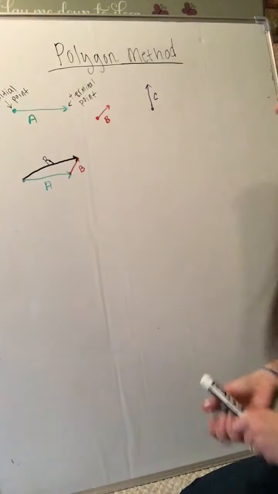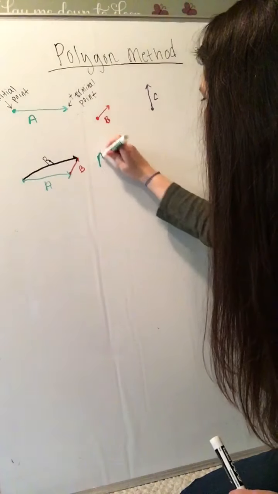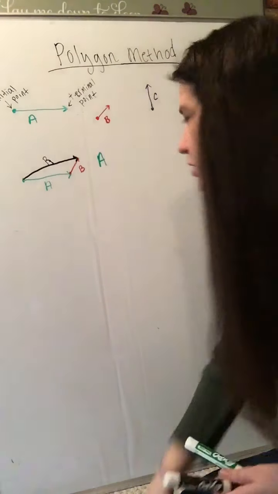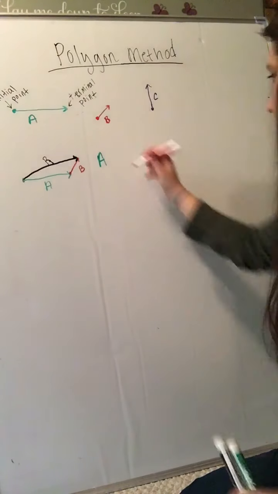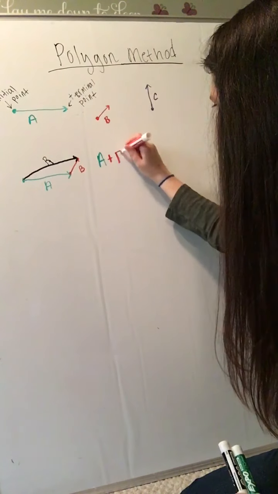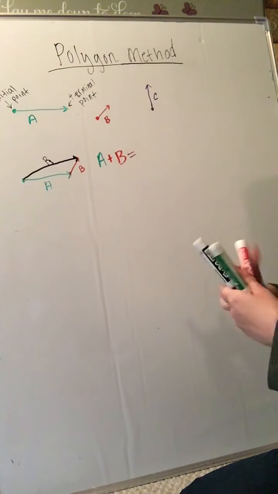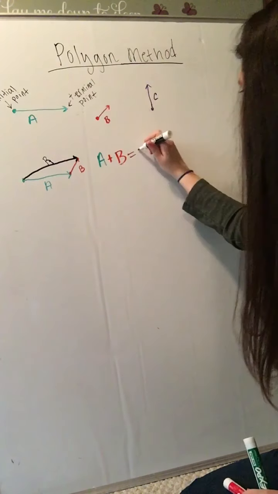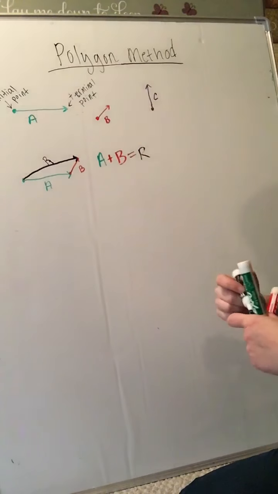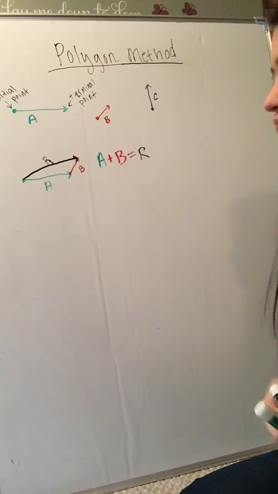So vector A plus vector B is equal to our resultant vector R. And this is all just geometrical interpretation right now, right?